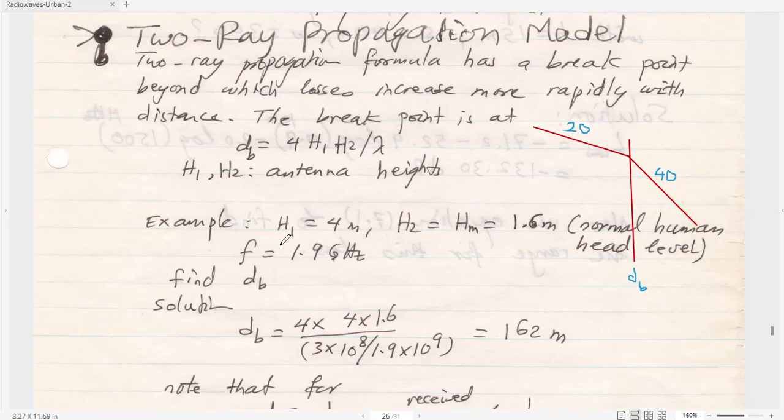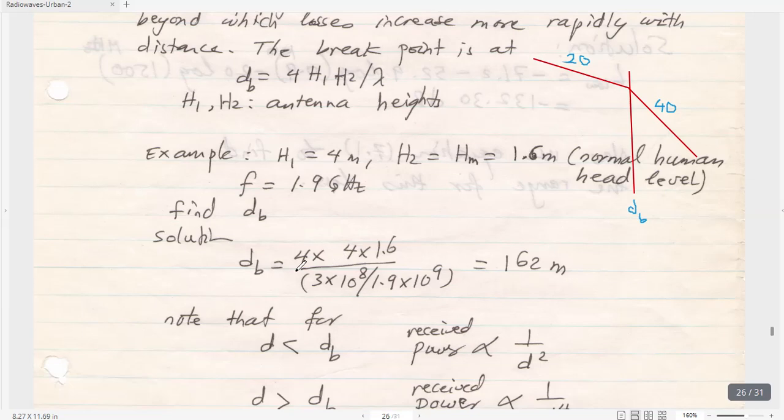Example: h1 is 4 meter, the receiver height is the mobile telephone 1.6 meter, and the frequency is 1.9 gigahertz. We want to find d_b. The wavelength is the speed of light divided by the frequency, 1.9 giga is 10 to 9, and we have here 4 times h1, which is 4, times h2, which is 1.6.